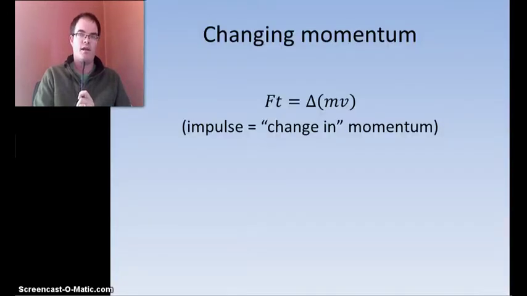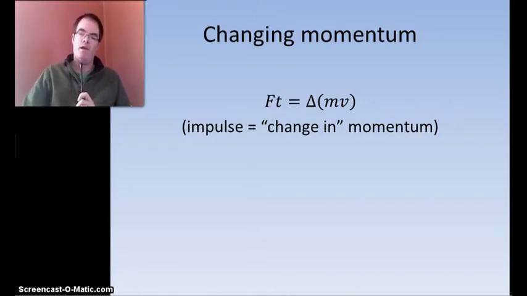Well, let's put things into place here. A change in the momentum is going to end up equaling the impulse. Remember, impulse is force times time, and momentum is mass times velocity. The little triangle there is a symbol that simply means a change in.